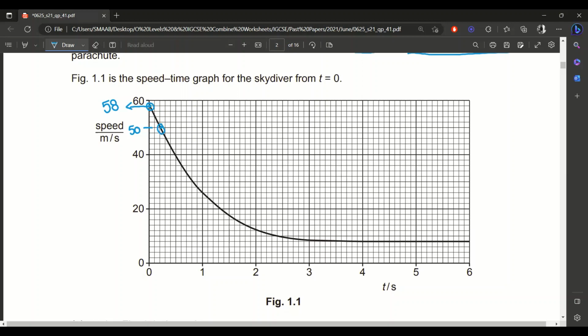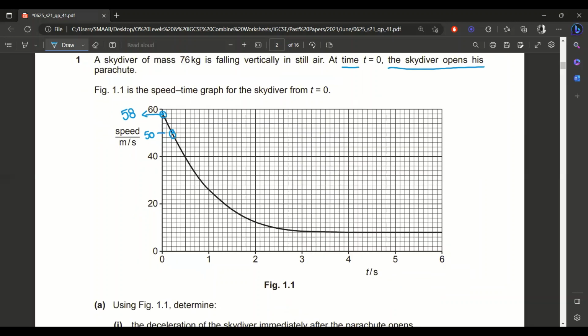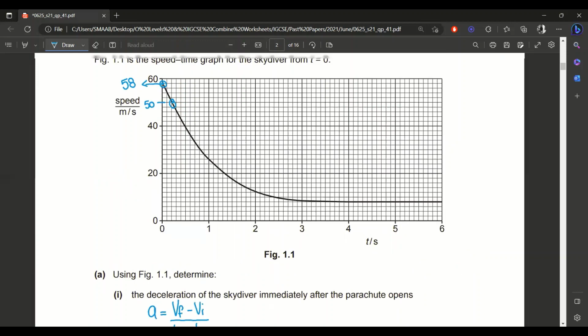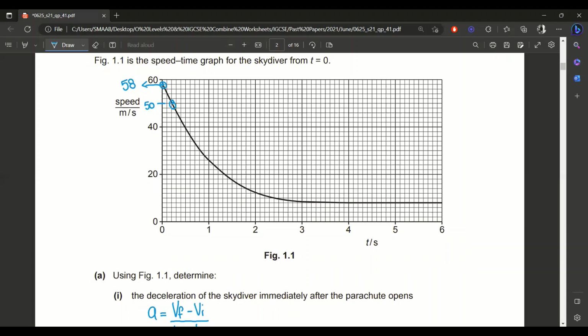So deceleration equals final velocity minus initial velocity divided by change of time. Initially we take 0 and then this point, which is 0.2.